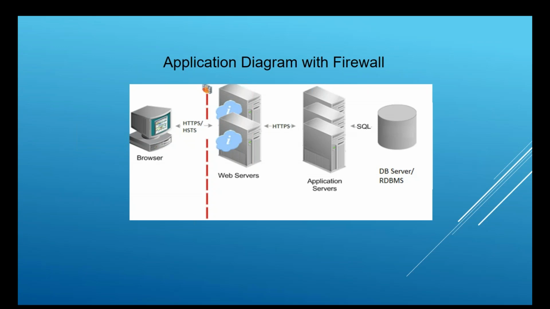We could also add another layer of security in this application diagram, should we decide to deploy an application firewall. They used to just be an appliance, but you can actually route your website through a cloud service that does application firewall services.